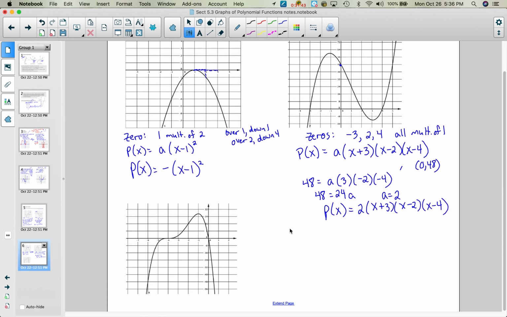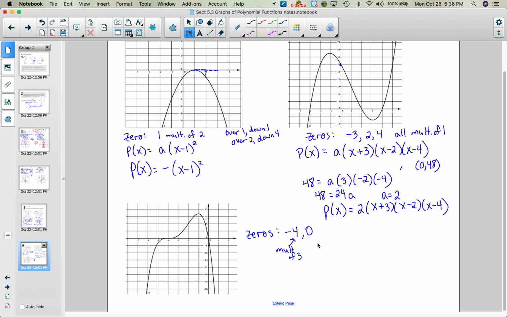And one last problem. Our zeros are negative 4 and 0. This has a multiplicity of 3. I know that all we know is that it's an odd multiplicity. We're going with the least possible degrees.